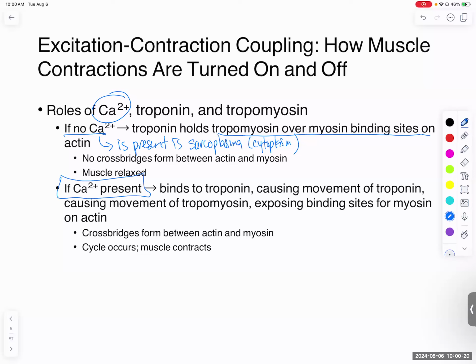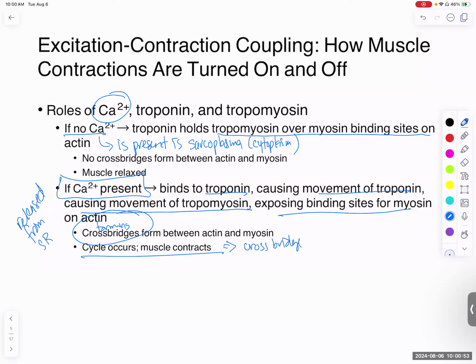If calcium is present, i.e., if calcium is released from the sarcoplasmic reticulum, then calcium can bind to troponin, causing the movement of troponin, moving tropomyosin and exposing the binding sites or the active sites for myosin to bind to actin, forming cross bridges. And now you can have the cross bridge cycle. It can occur.